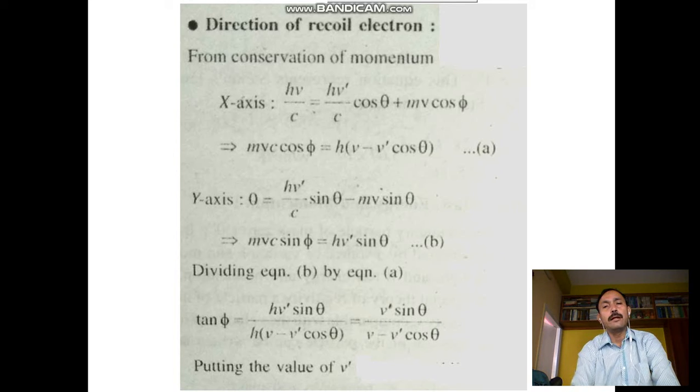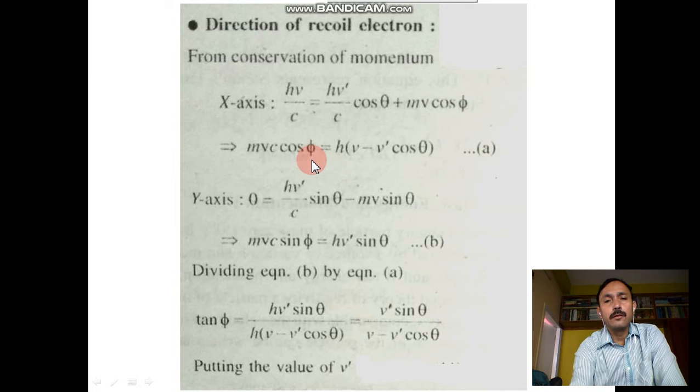The x-axis momentum conservation is: this is the momentum of the photon, and the rest electron has no momentum as it is at rest, 0. So h nu by c plus 0, means h nu by c, is equal to h nu dash by c cos theta, the horizontal component of the scattered photon, plus mv cos phi, the horizontal component of the recoiled electron.